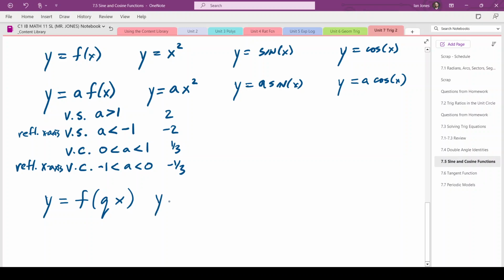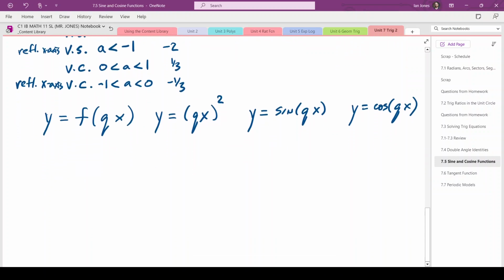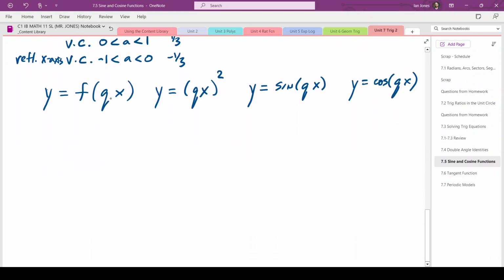So here that would look like inside the function of squaring, I'm multiplying my x by q. Here that would be inside the function of sine, I'm multiplying my x by q. Inside my function of cosine, I'm multiplying x by q, okay? So these four states are analogous. And let's run through what happens.